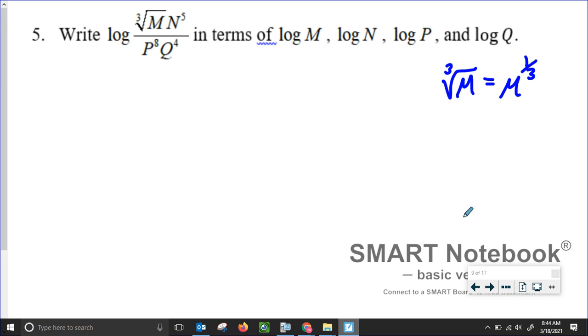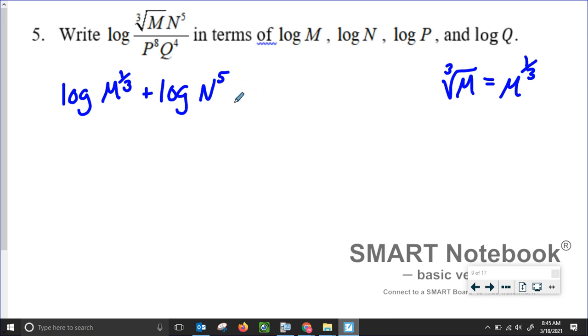All right, so I'm going to go ahead and break these apart using the product and quotient properties first. So I'll be able to say, okay, well, this is log of m to the 1/3 plus log of n to the 5th. Now I put plus here because these are both on top.